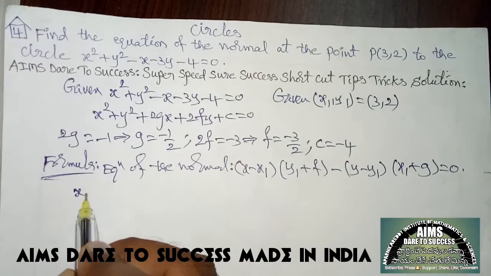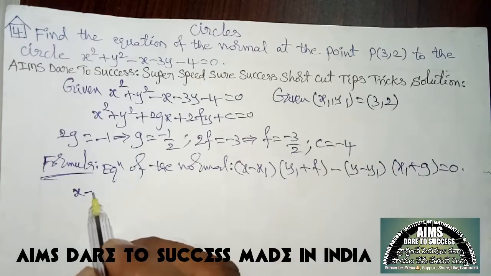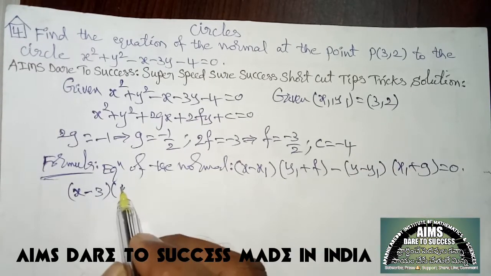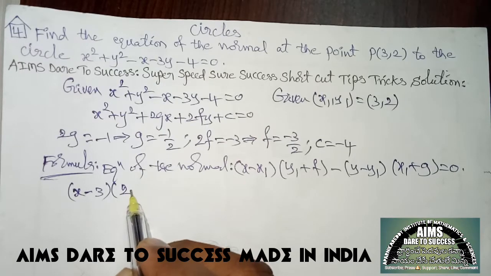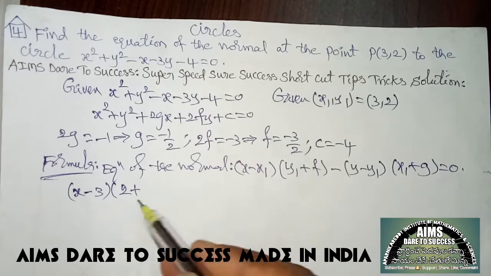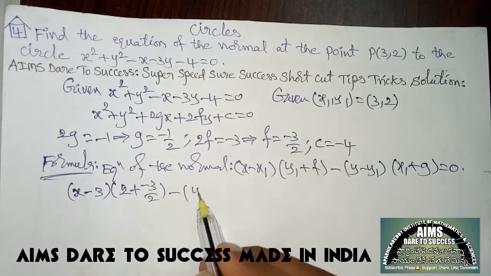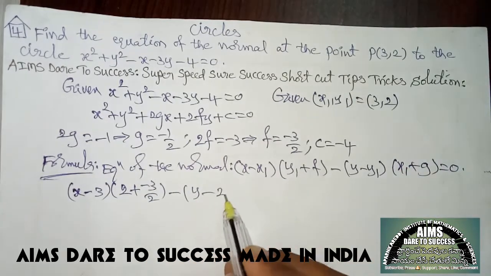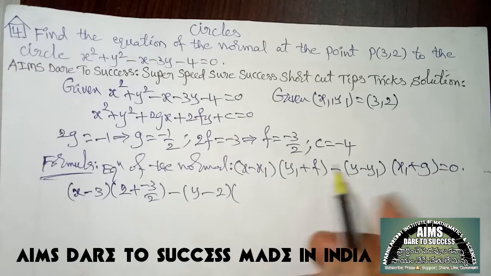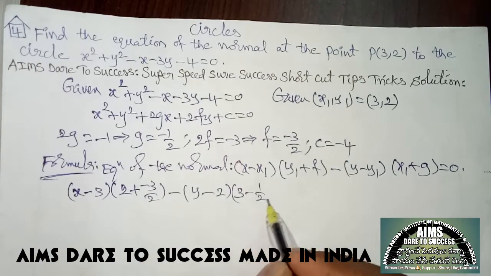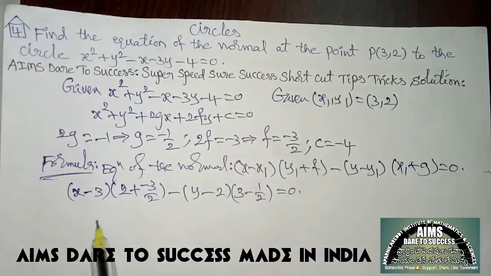Now I wanted to substitute x minus x1, where x1 is 3, into y1 value is 2 plus f value is minus 3 by 2. Okay, minus y minus y1, where y1 is 2, into x1 is 3 plus g value is minus 1 by 2 is equal to 0.